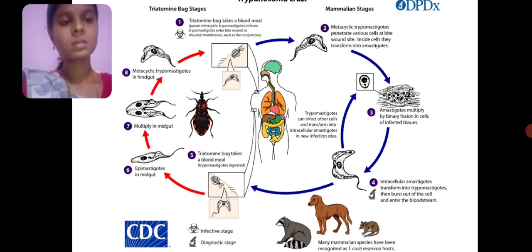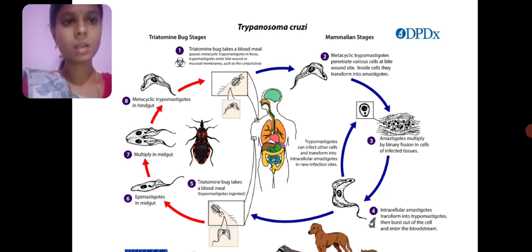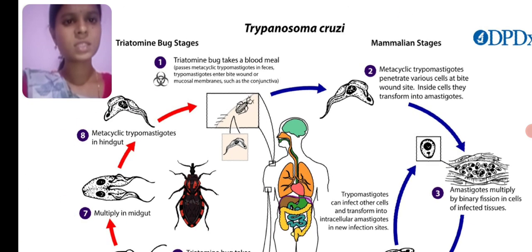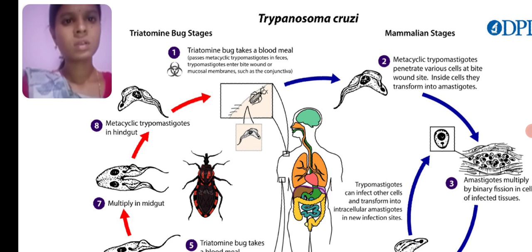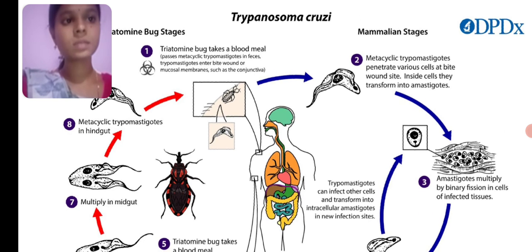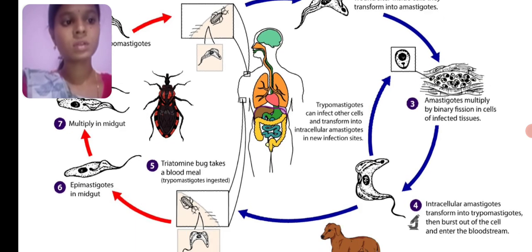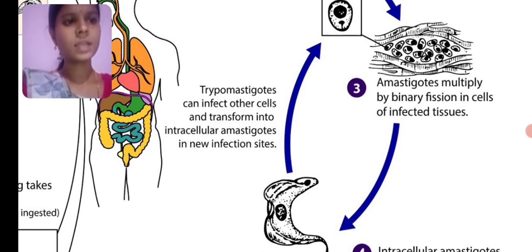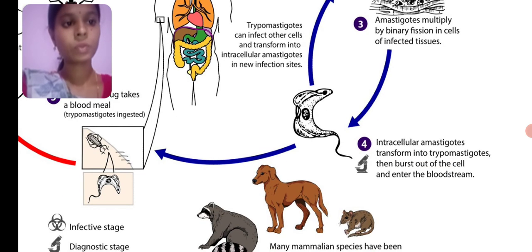This slide shows the life cycle of Trypanosoma cruzi. First stage, the triatomine bug stage. Next, the mammalian stage. Next, binary fission of the cells infects the tissue.